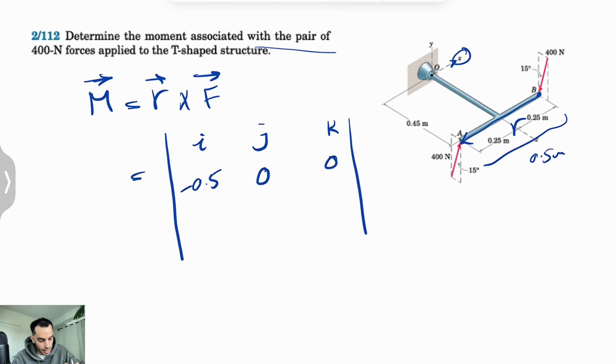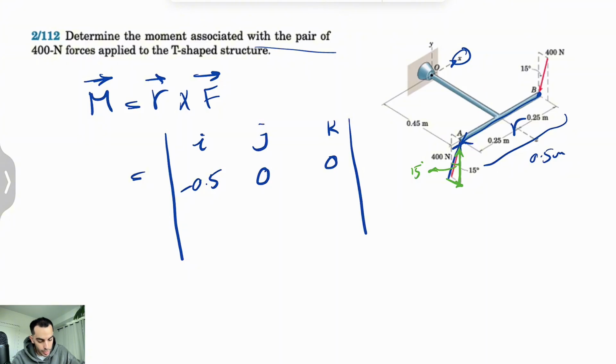So now we have to figure out the force in vector form. We're going to go with the force that is applied at point A, and we can see that we can resolve this force into two components. We just show it with a different color. Let's go with green, and this will be the y component, and we know this angle here is 15 degrees.